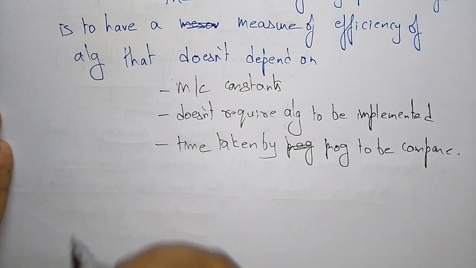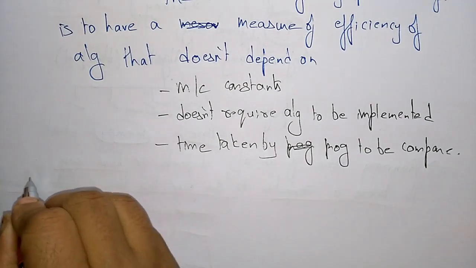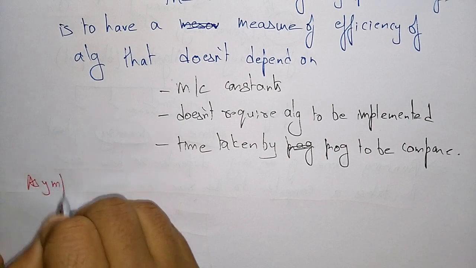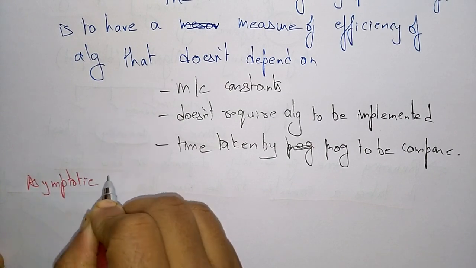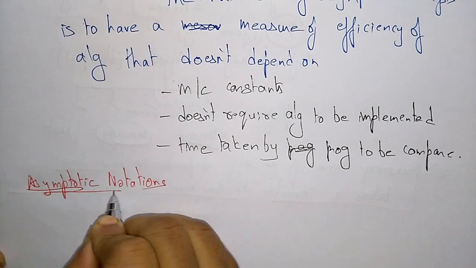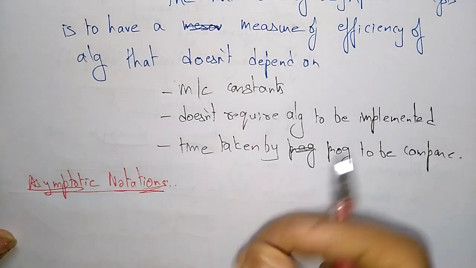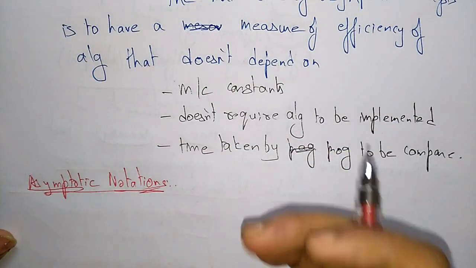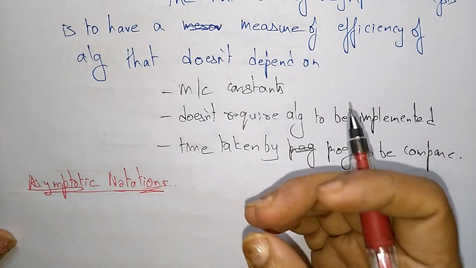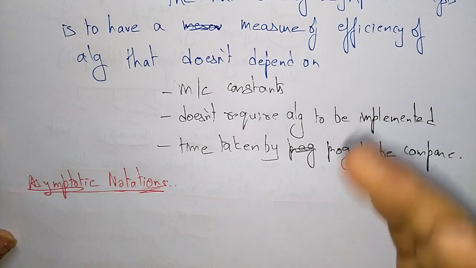Now let me write what asymptotic notations are. It is a way to describe the behavior of a function. Whatever function we take from the program, it describes the behavior of that function in the limit or without bounds.